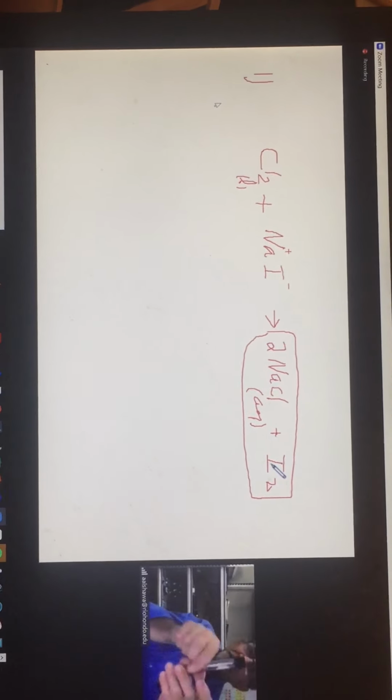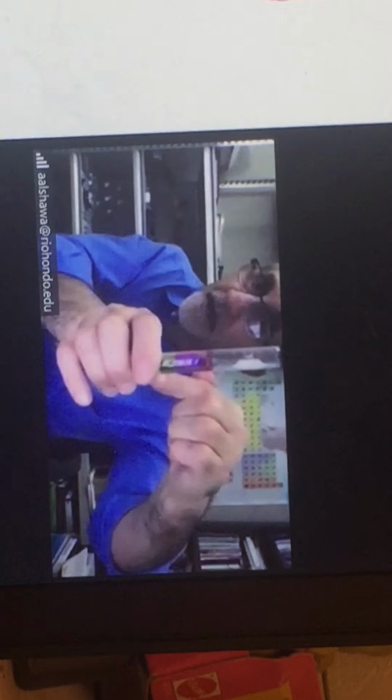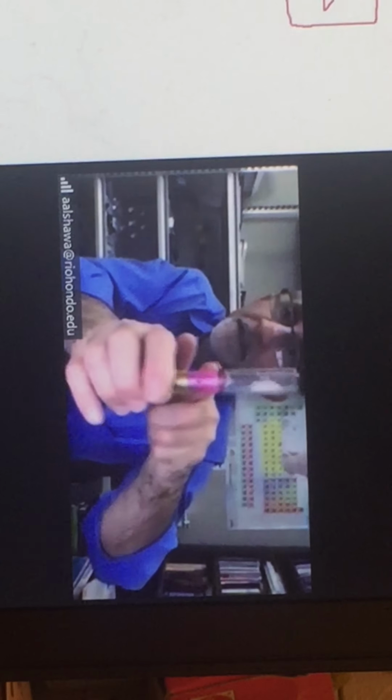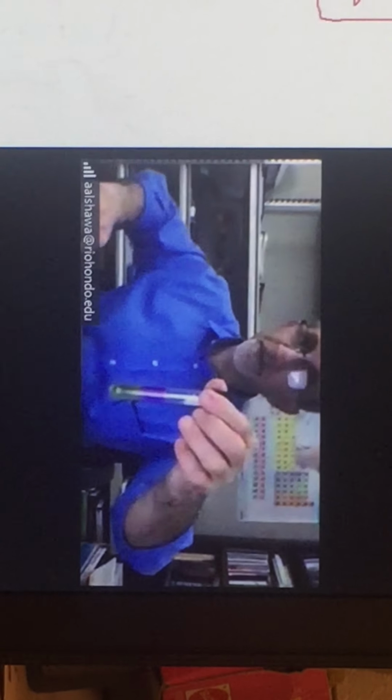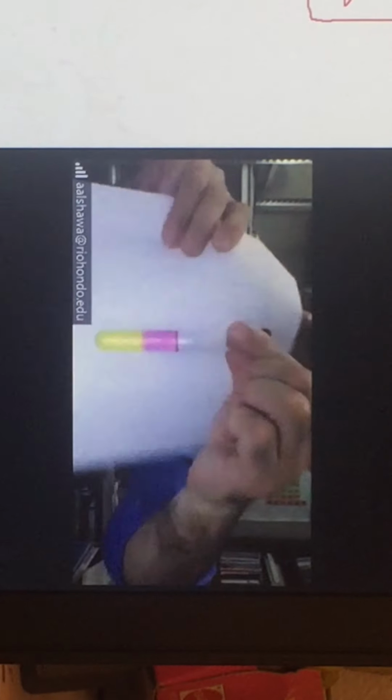When you add that yellow or hint of yellow or almost clear chlorine in water to that unknown, and upon adding the hexane layer it produces that color, remember that color. Very unique color as far as the outcome. That sort of pink background color indicates that the unknown must have been iodine.